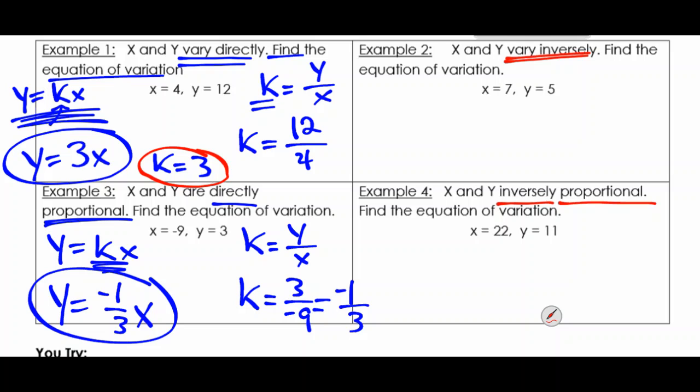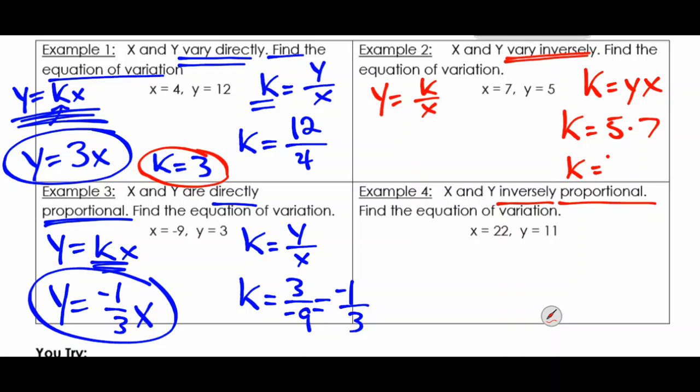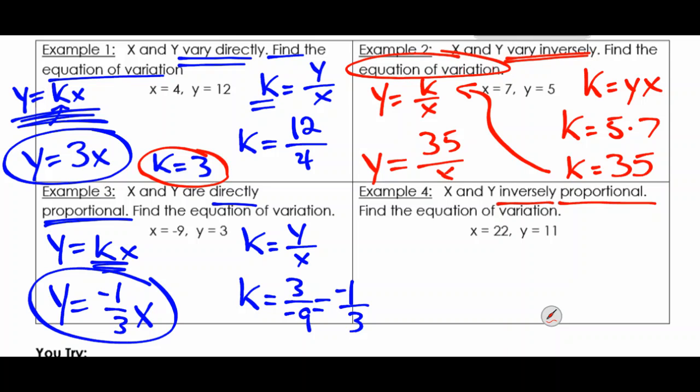So my two equations are y equals k over x, or to find the constant, y times x. So my k here is going to be 5 times 7, which means it's just 35. And then I take that and I write it into this equation, because I'm looking for the equation of variation, which means y equals 35 over x.